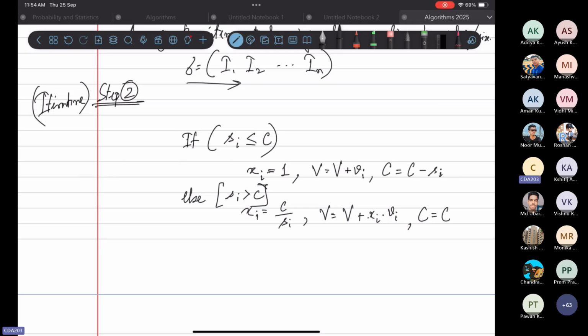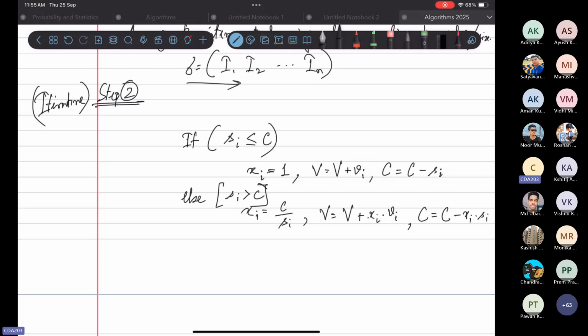So C will be C minus this, whatever capital. So xi times ci, it's like xi times si. Right? What is xi times si?